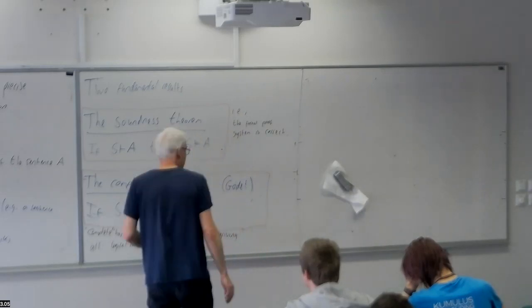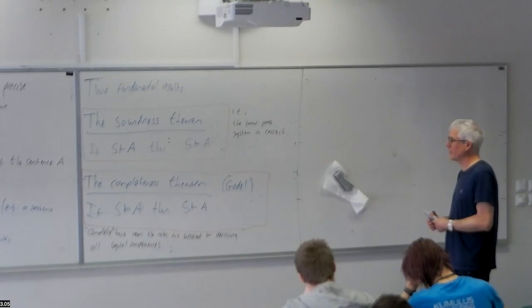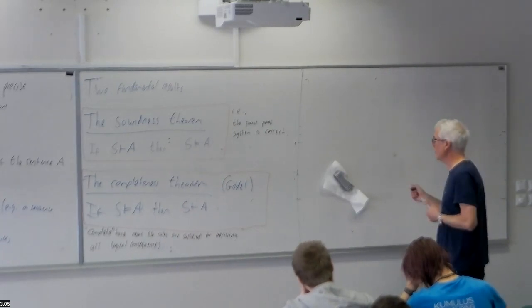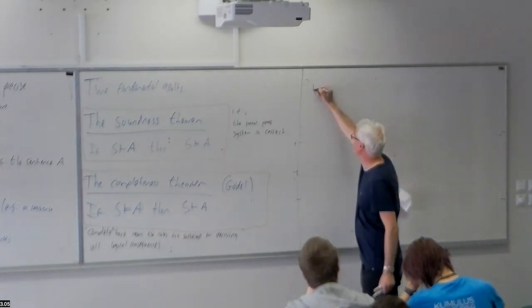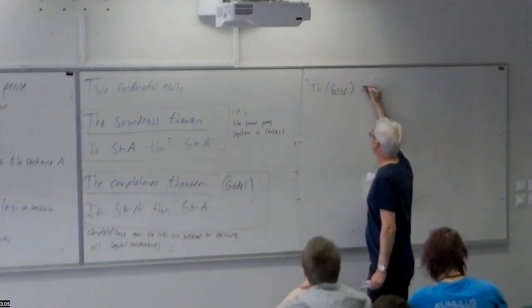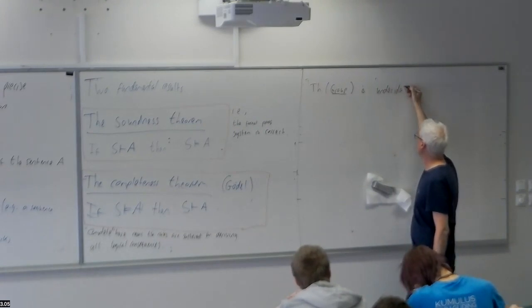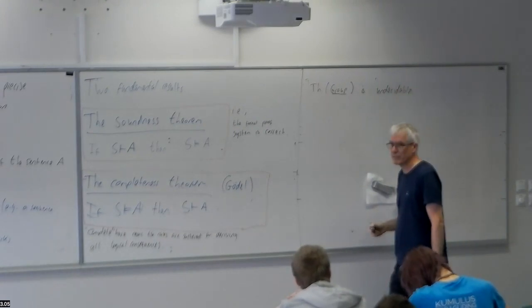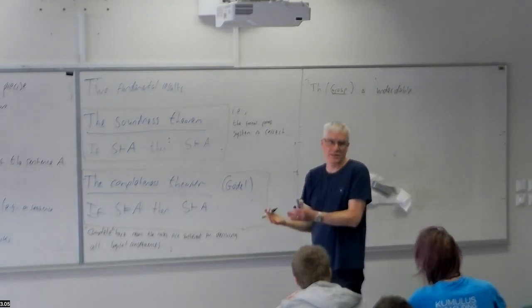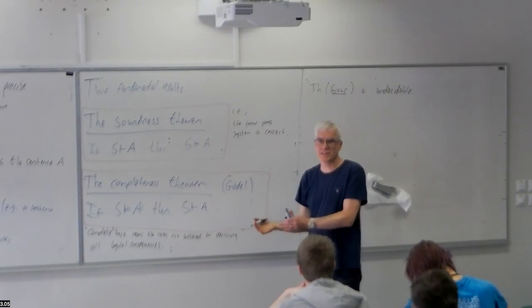So a consequence of this is, if we go back to the theory of groups, the theory of groups is undecidable. I've already said that. That was Novikov's result. So if we've got a sentence about groups we want to establish is true or false, we can't subject it to an algorithm.